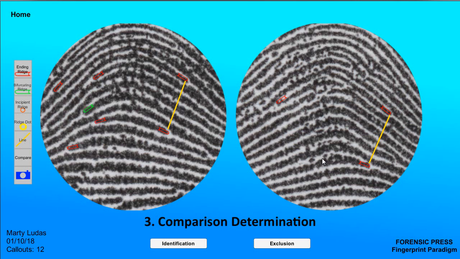This ending ridge does not exist here. Outwardly the print looks similar because it's a plain arch, but I would have to give this an exclusion. So I'm going to select exclusion, and my response is correct. So I'll go to the next one.